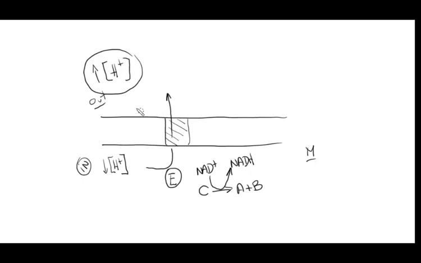So if we want to go against the gradient, so join a higher concentration of protons, we will need to use the energy that is stored in the electrons that are now part of this NADH, right? Remember that the electron is right here, extracted from the covalent bond.